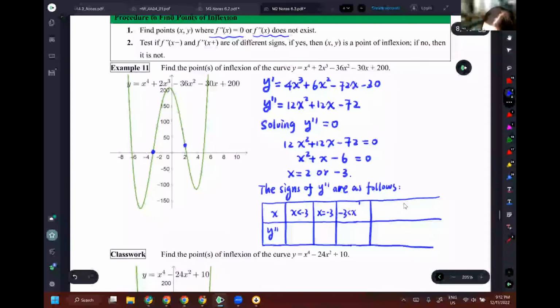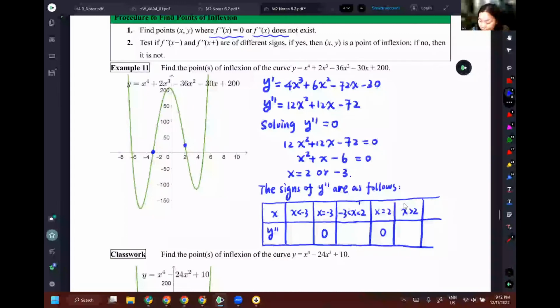Negative 3 is smaller than x, smaller than 2. x equal to 2, and x bigger than 2. At these 2 points, the second derivatives are 0. It's not easy to test, so I will factorize this.